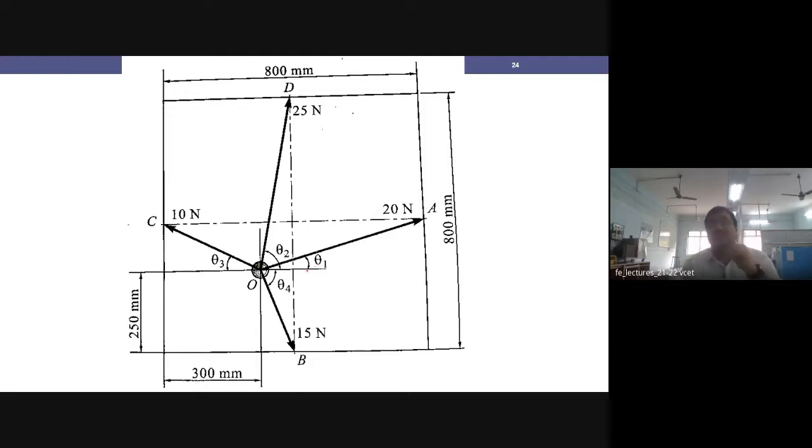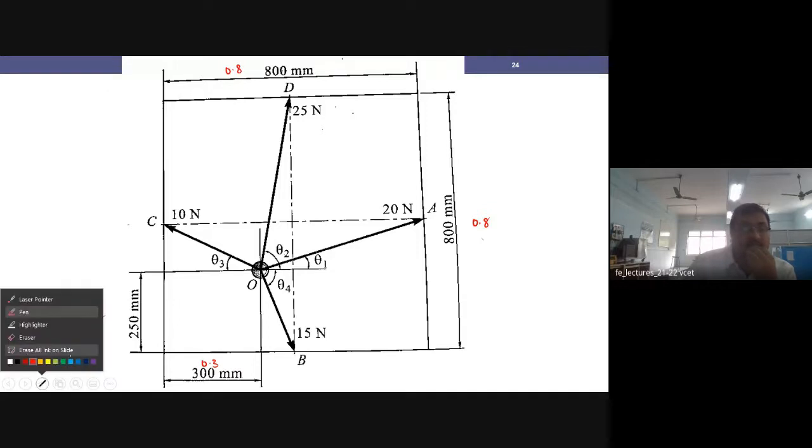So firstly, A is at a distance of 0.4 from here, right? The distance of B is also 0.4, right? This was 0.3, this is 0.25, and I mark again 0.8, this distance is also 0.8.